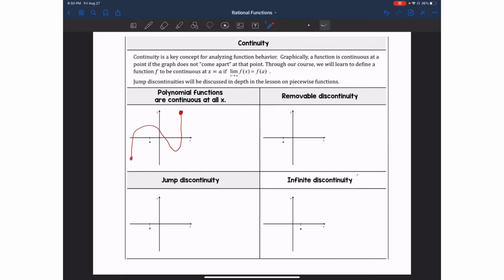The first type of discontinuity that we're going to be talking about is a removable discontinuity, and it's going to look something like this. You have seen removable discontinuities back in Algebra 2. We just didn't call them removable discontinuities. We called them holes in the graph.